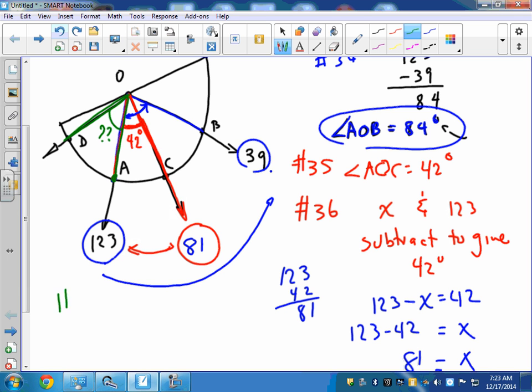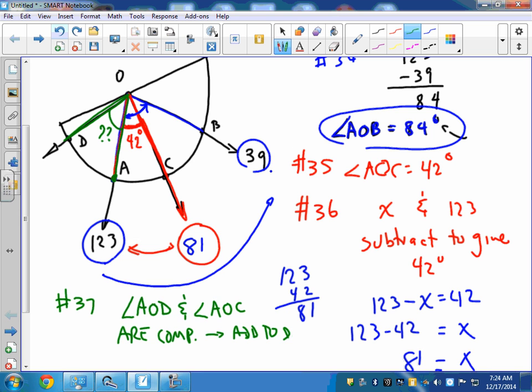Okay, so number 37. We know that AOD and angle AOC are complementary. And you should know that definition. It means add to 90 degrees.